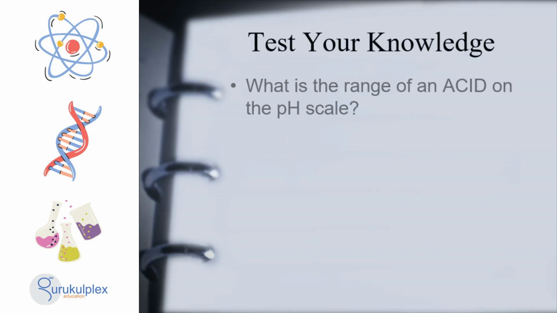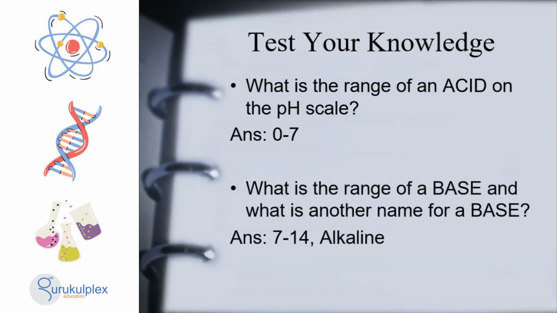The pH scale is utilized to determine the level of acidity or basicity of a substance. Anything with a pH value between 0 and 7 is classified as an acid, whereas anything with a pH value between 7 and 14 is a base or alkaline. Knowing the distinction between acids and bases is crucial when executing experiments and knowing the environment around us.